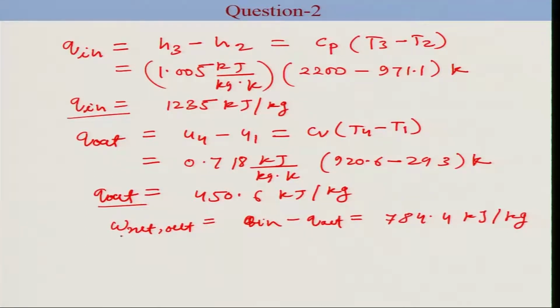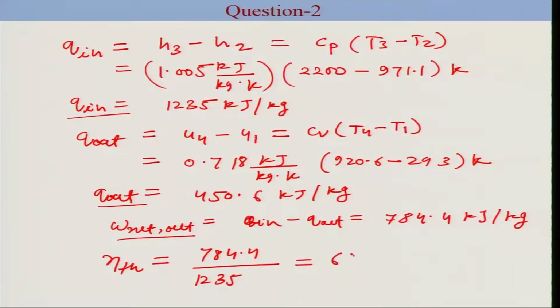So since we know W net out, now we can calculate thermal efficiency of the cycle, which is 784.4 upon 1235. Okay. So now from here we get 63.5%.